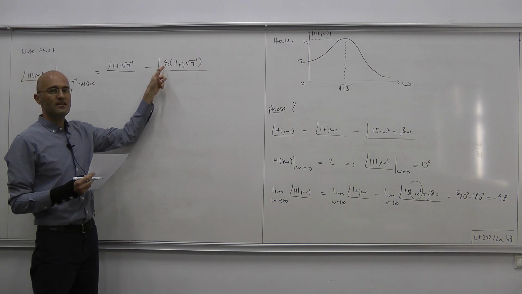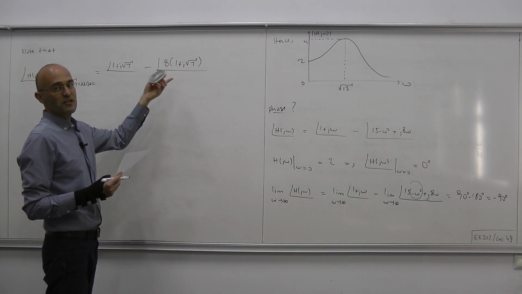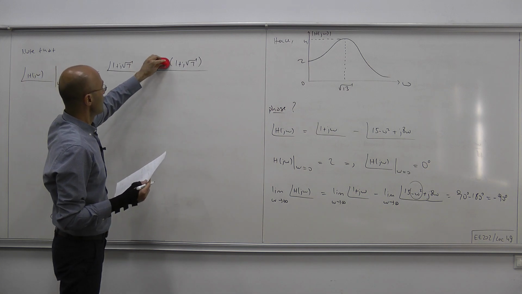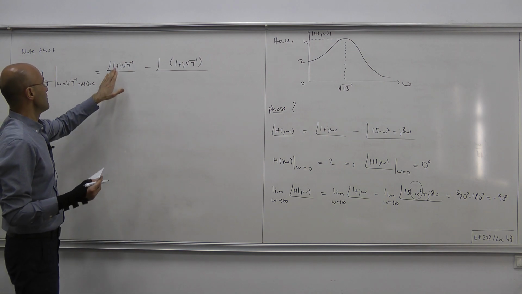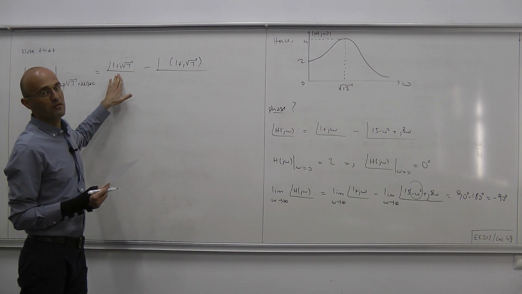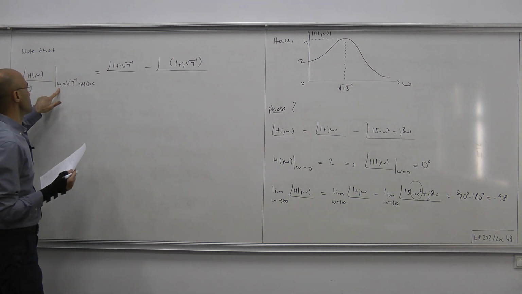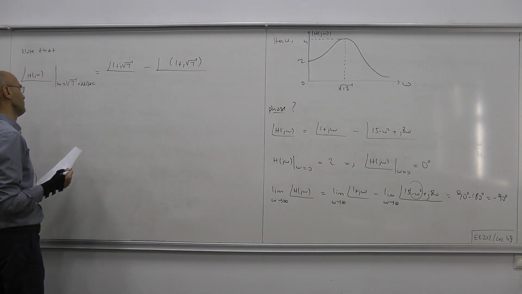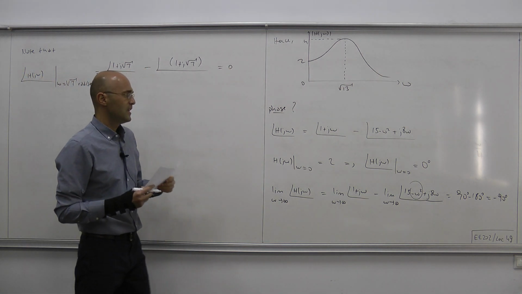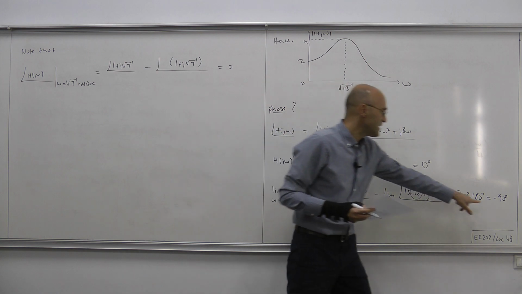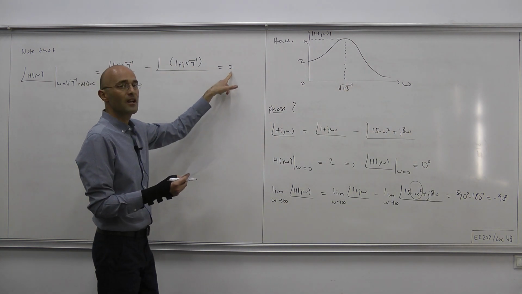This 8 has no importance as far as the phase is concerned, therefore we can erase it. So we have the phase of 1 plus j square root of 7 minus the same phase, which means at this frequency, square root of 7 radians per second, the phase is 0. Now we start at 0 and head toward minus 90 degrees, but we have another crossing at 0.